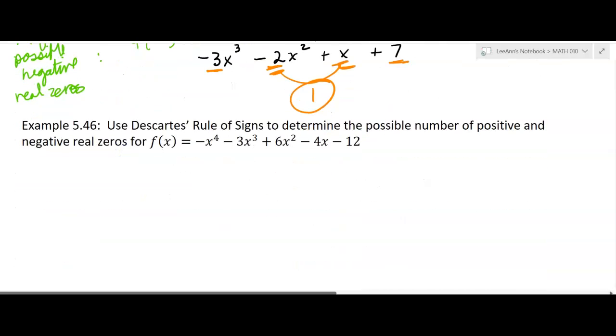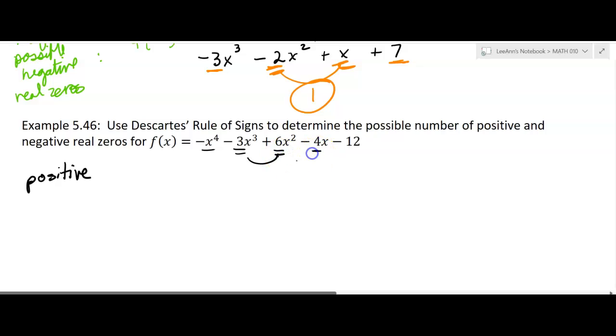All right, so it says use Descartes' rule of signs to determine the possible number of positive and negative real zeros. So let's do the positive ones first. So it's negative, no change. Negative, positive, 1 change.